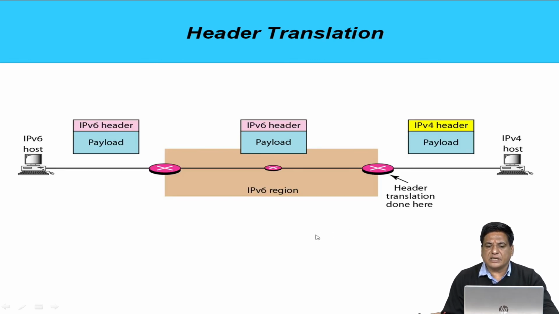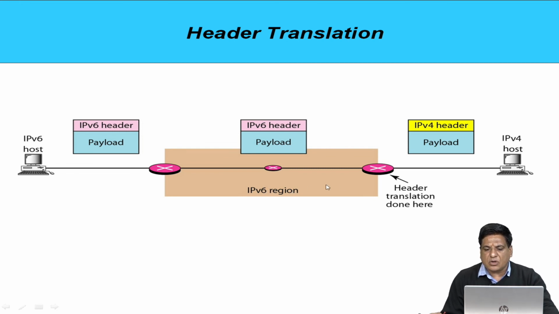Next is the header translation. In the header translation, our source will use IPv6 addressing, our destination will use IPv4 addressing, and all the networks in between will use IPv4 addressing.